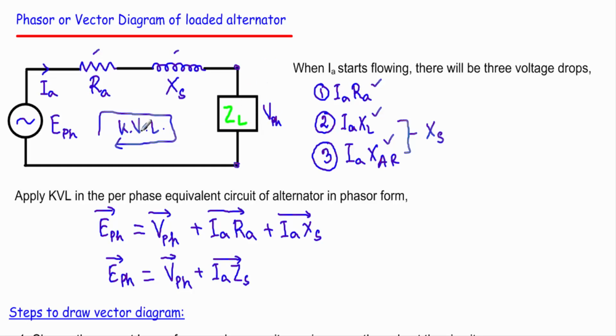So in phasor form, I can write EPH equal to VPH plus IARA plus IAXS, with the phasor sign on top. This is our generated voltage and these three are the voltage absorbing elements.